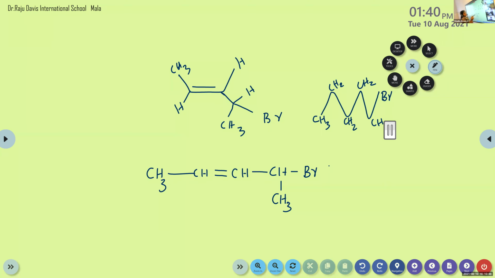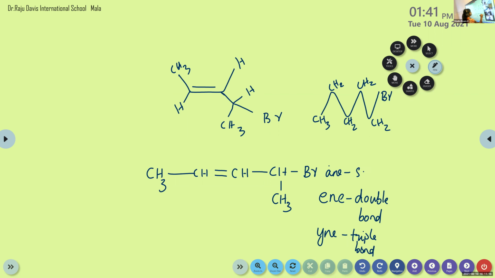So can you tell me which word is used to denote double bonds instead of alkane? Here there is one double bond, right? Double bond, it is represented as ENE. Then YNE for triple bond. ANE, single bond.